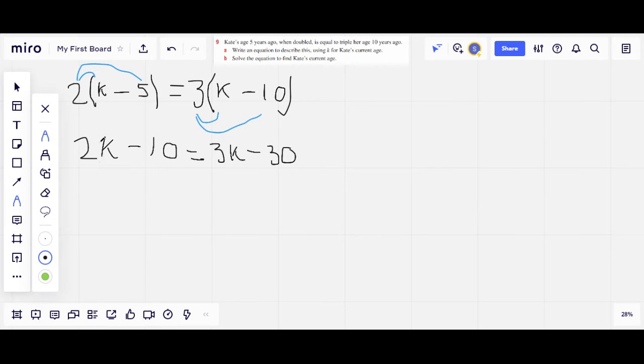So now we have to collect our like terms. So 2K on this side, and we've got 3K on this side. I would subtract the 2K because that's smaller than the 3K, and that'll just mean we won't have to get rid of a negative later on. So we've got minus 2K, then on this side, minus 2K.